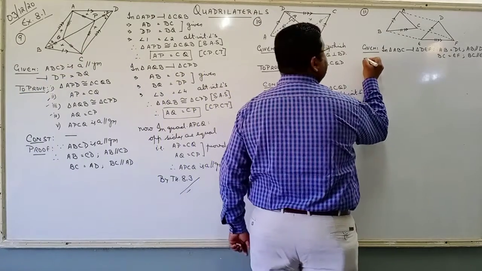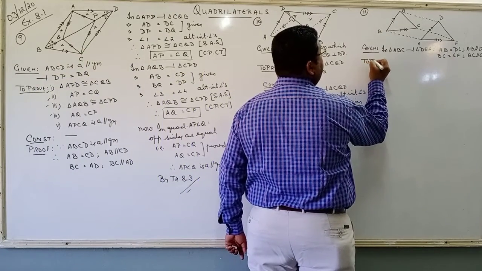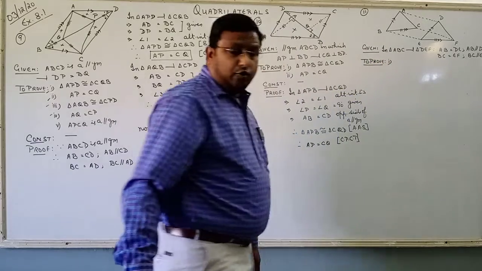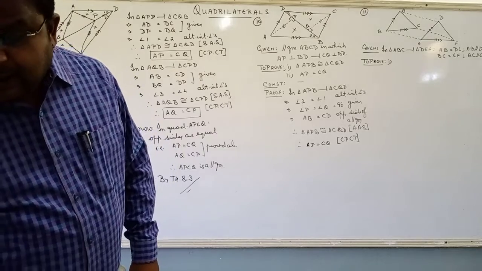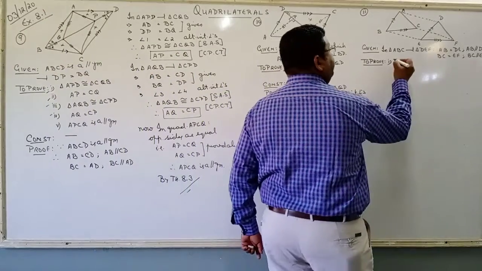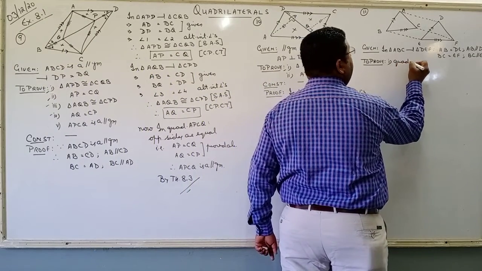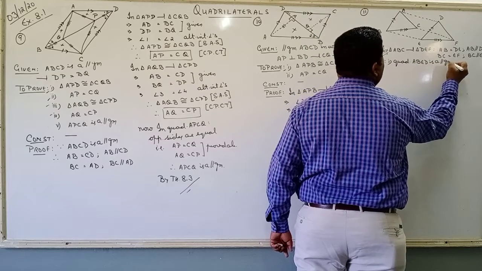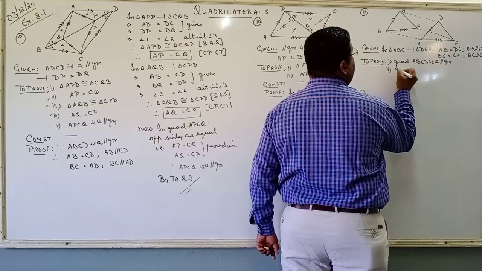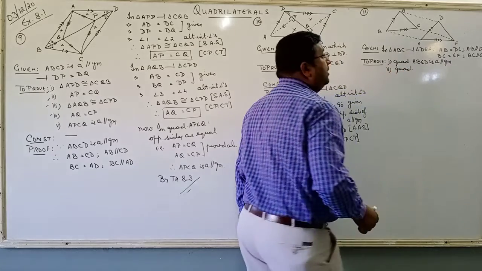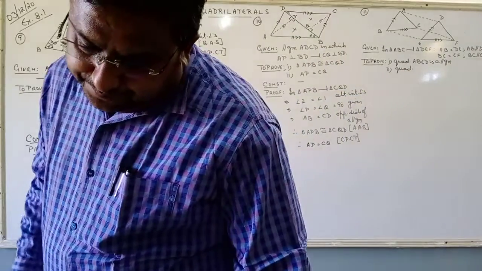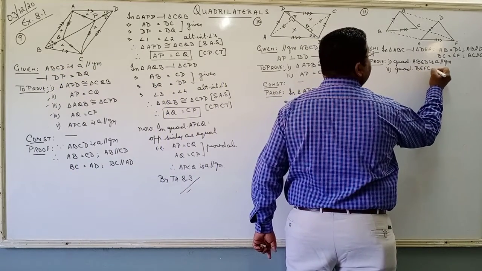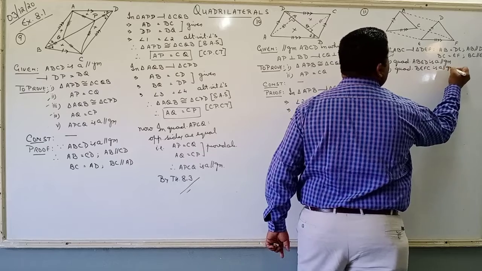Correct? So what are the things he wants us to prove? He wants us to prove six things. First, quadrilateral ABED is a parallelogram. Second, quadrilateral BEFC is a parallelogram.